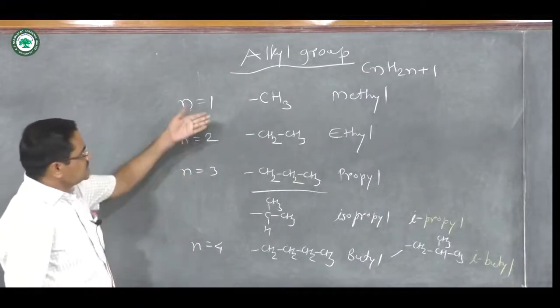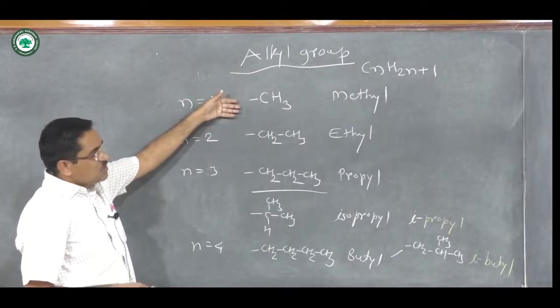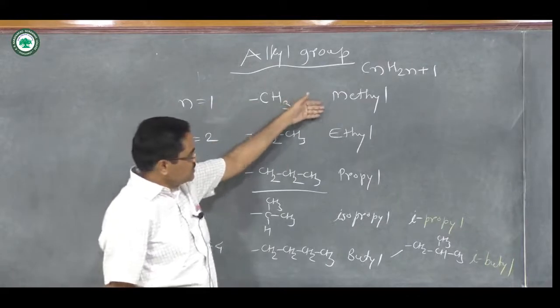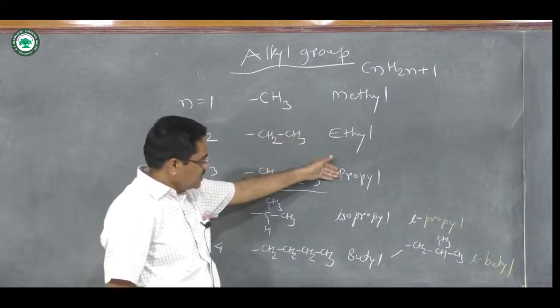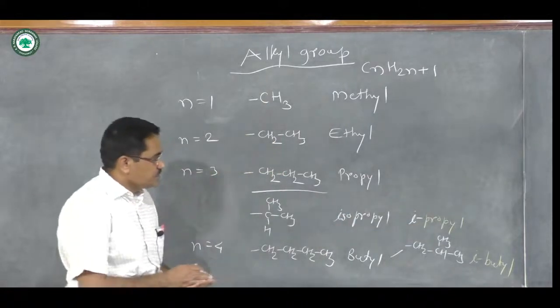Okay, so these are the one hydrogen less from the homologous series members. So methyl, ethyl, propyl, isopropyl and isobutyl.